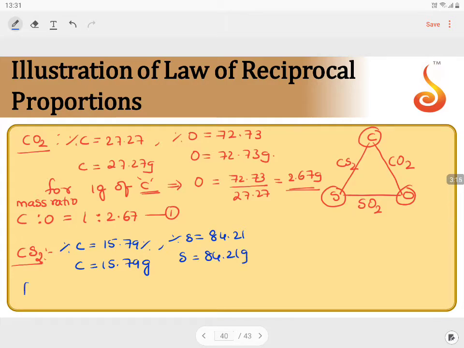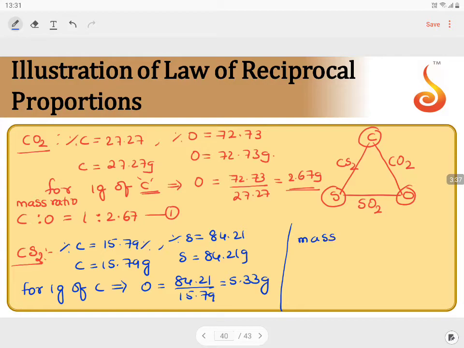Then for 1 gram of carbon, the combined mass of sulfur is equal to 84.21 by 15.79, which is equal to 5.33 grams. Now, what is the mass ratio? Mass ratio of carbon is to sulfur is 1:5.33.